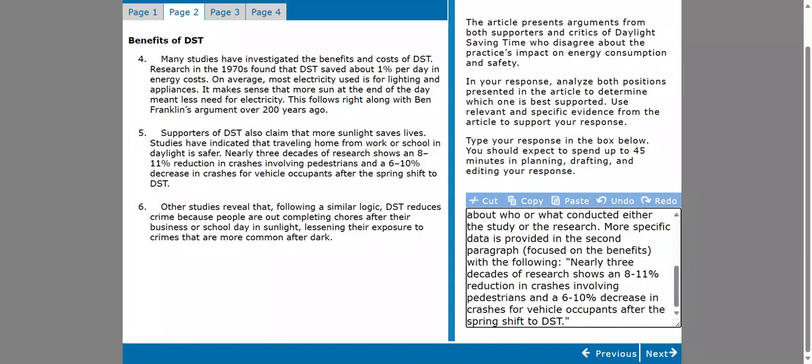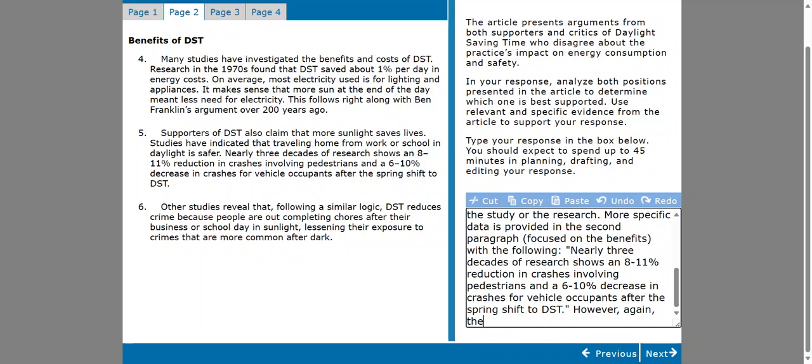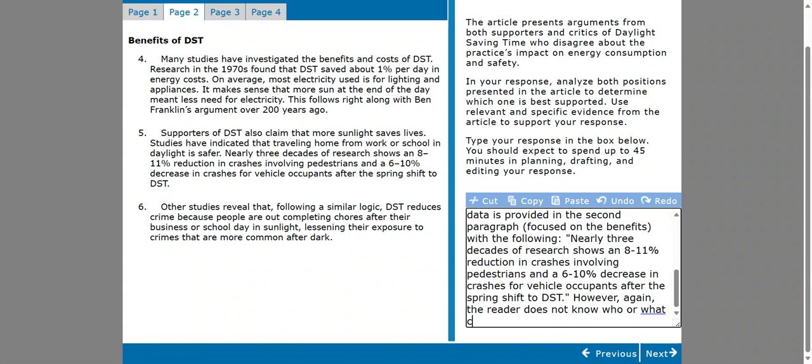And so I then bring up, and I'm probably going to use however again. However, again, the reader does not know who or what conducted the research.